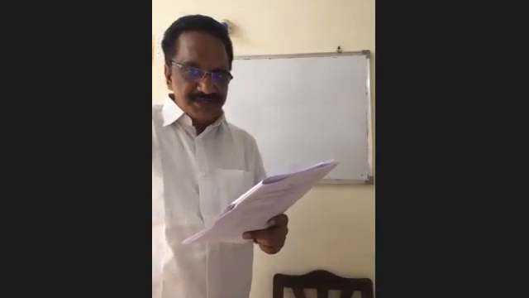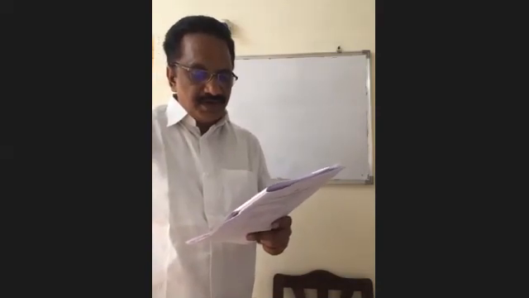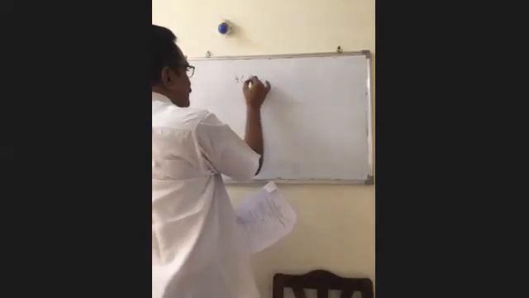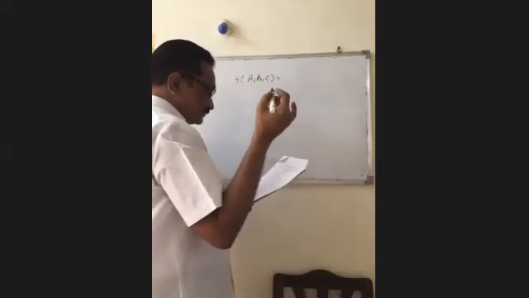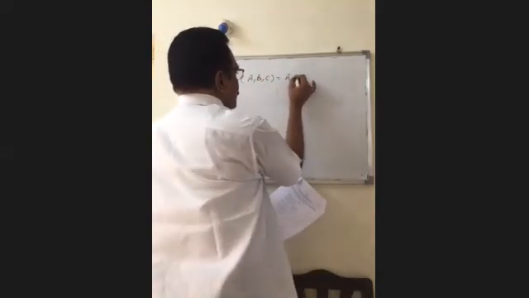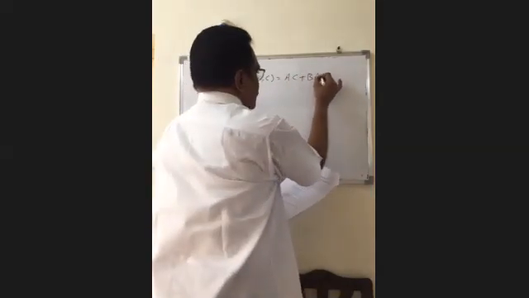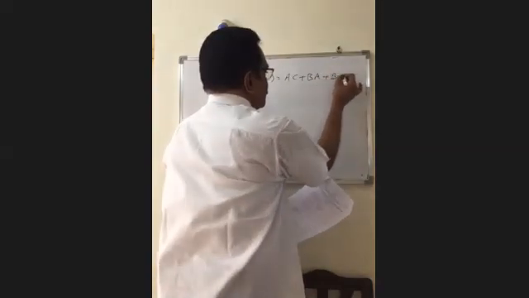Convert the given expression in standard SOP form: f of ABC equal to BC plus BA plus BC.